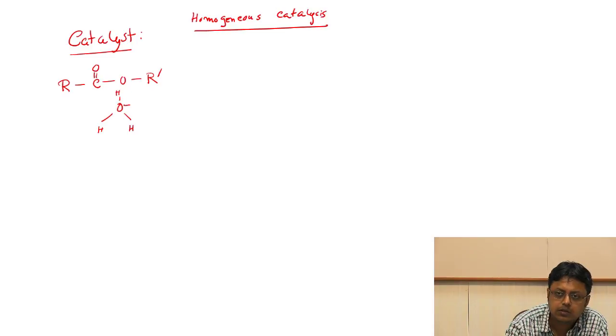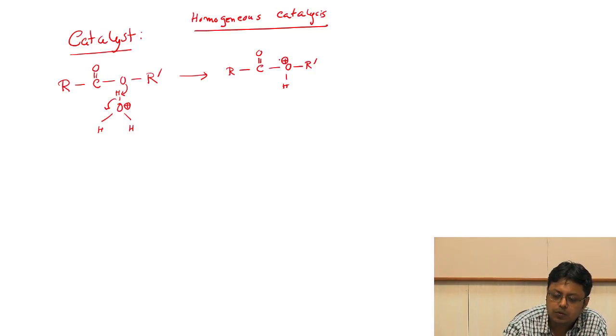Then this proton can be captured, and you have a situation like this: R, C double bond O, O, H, R prime with a positive sign.